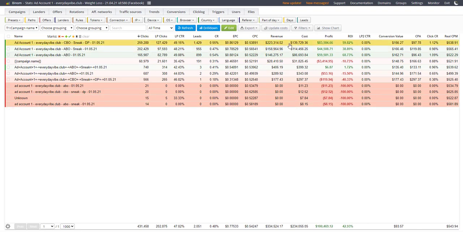So we spent 157. We can see we're tracking 139 spent, okay? But we also have this campaign name with 31,000 and the rest here, right? So there's probably $33,000 nearly, give or take, 32,800, whatever it is, in costs that hasn't been tracked properly. So a portion of that, potentially a vast majority of that, could be from the CBO sneak DP. We don't know, but we can assume, right?